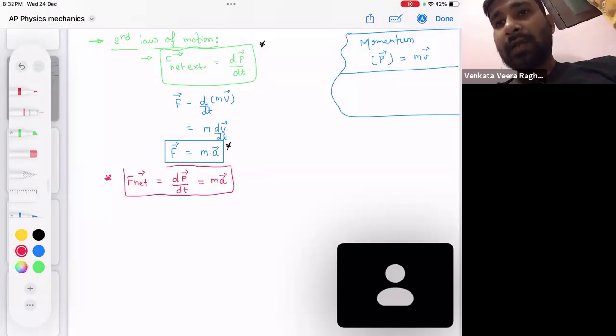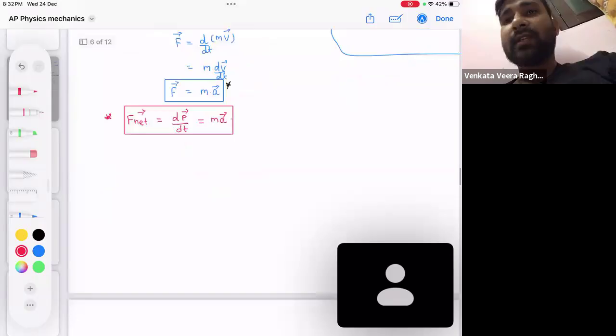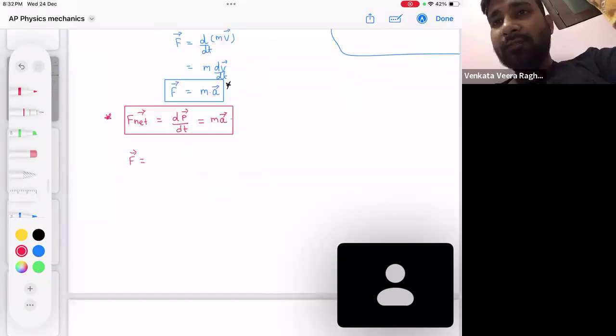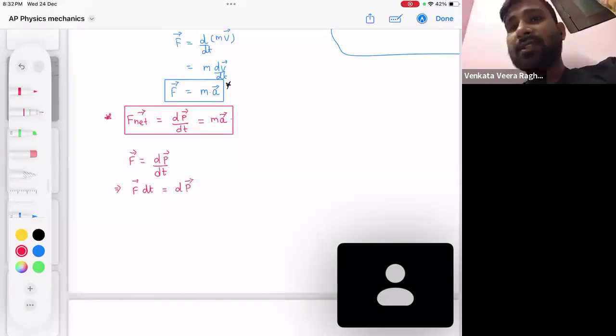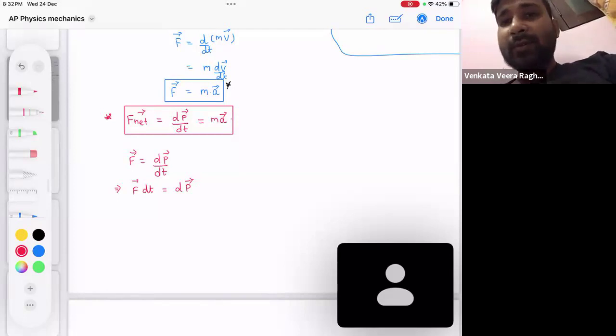Is that part clear? Now there is another term we are going to define. Net force equals dp by dt. Can I write F into dt as dp? I have just cross multiplied the dt to the other side.